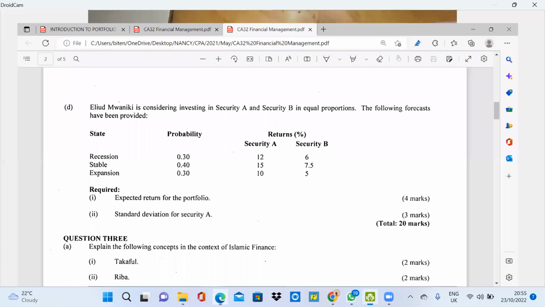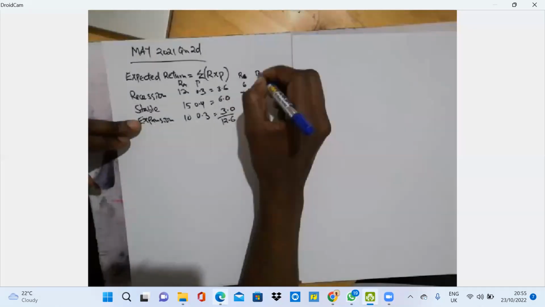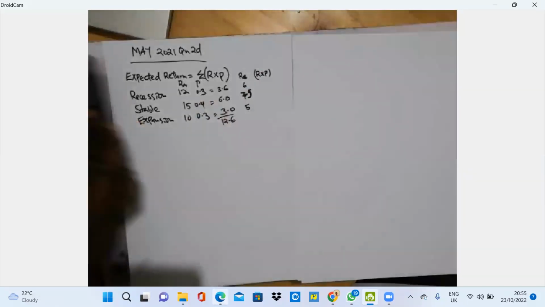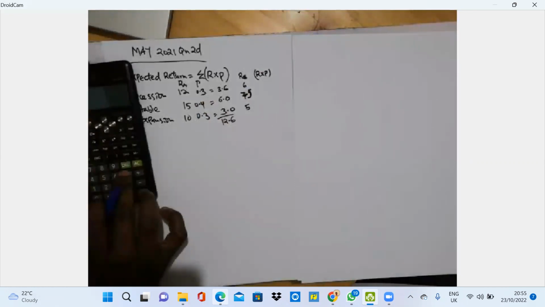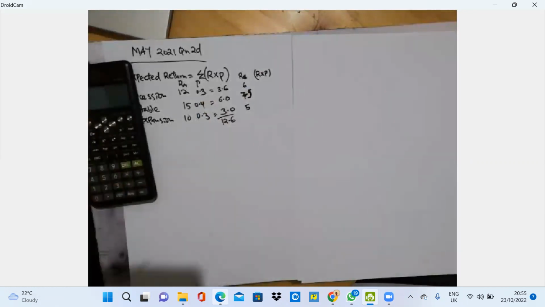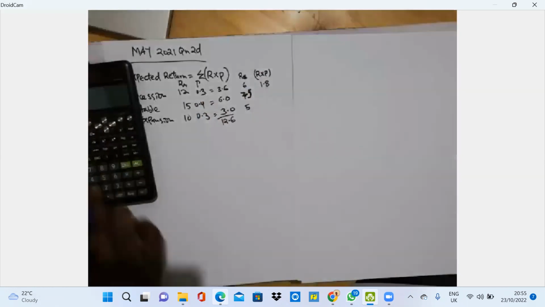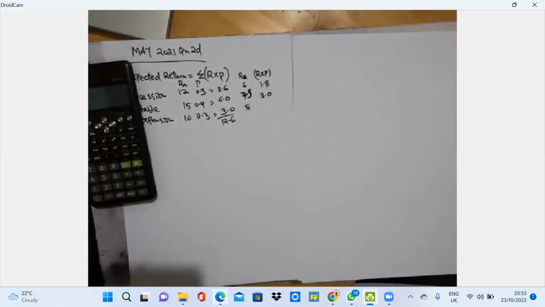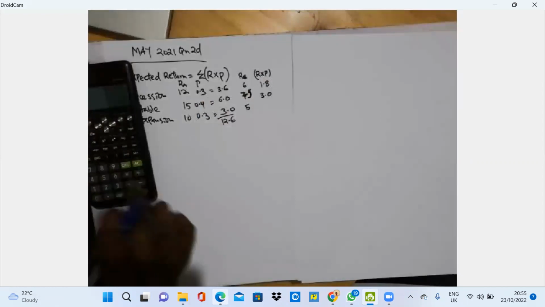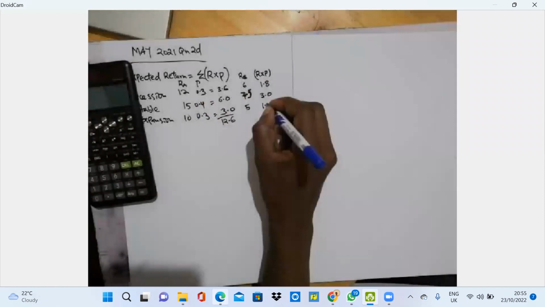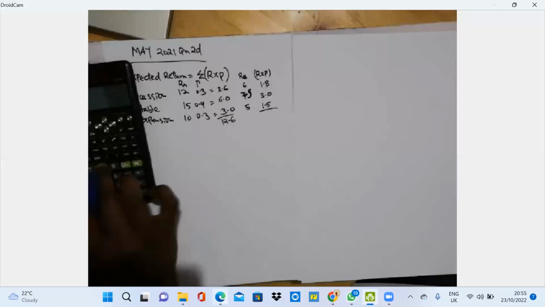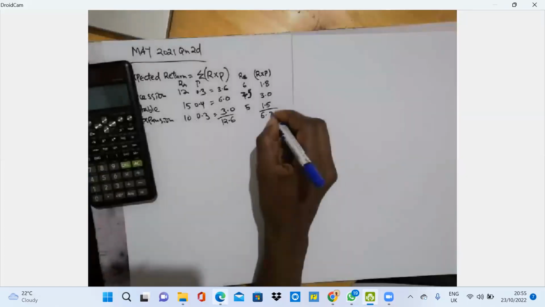So this is return B. Return times probability: 6 times 0.3, that is 1.8; 7.5 times 0.4, that is 3.0; then 5 times 0.3, we get 1.5. So 1.5 plus 3 plus 1.8 is 6.3.